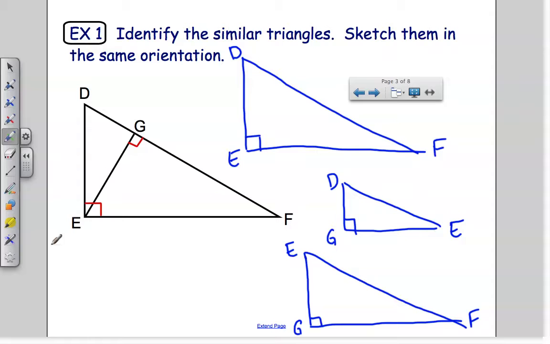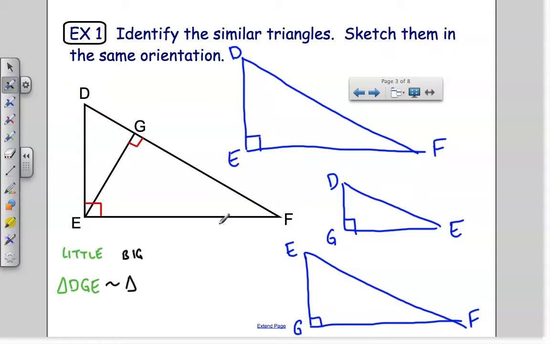First, let's do the little triangle. I'm going to name this however I want, but maybe I'll do DGE. And then let's do the big triangle next, because I think that's the easiest way to do it. Because if I look at DGE and the big triangle, they share vertex D, right?